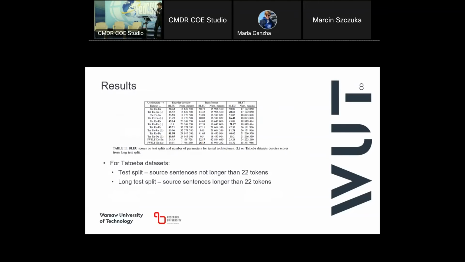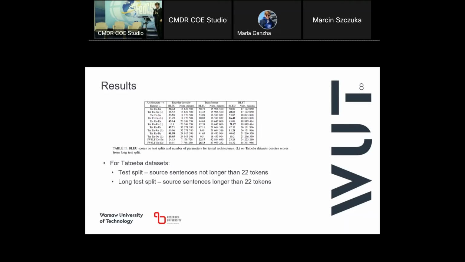Okay, so here are the results that we obtained, and one more thing to add is that for the Tatoeba dataset, we have two test sets defined. The first one is the regular test set, where we have source sentences that are no longer than 20 tokens, and we also took the long test splits where source sentences were longer than 22 tokens.